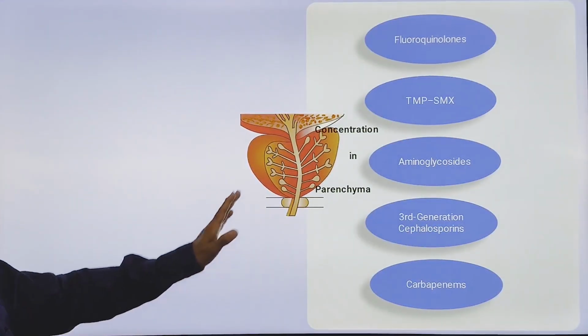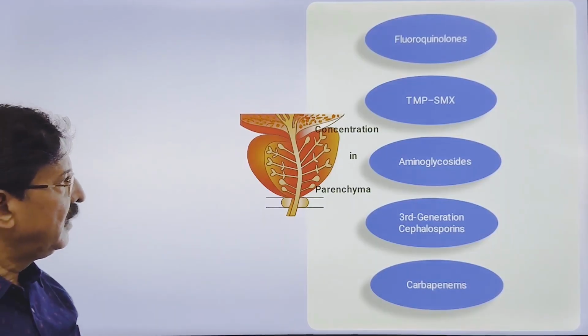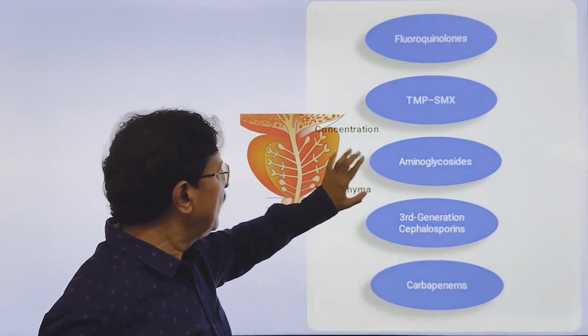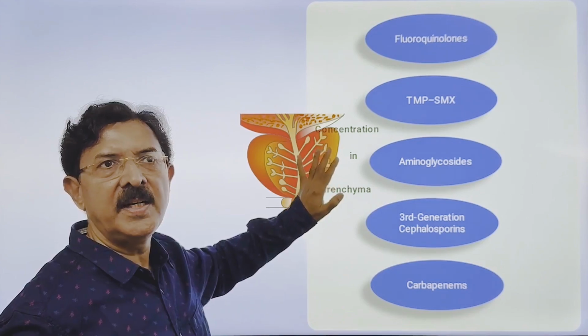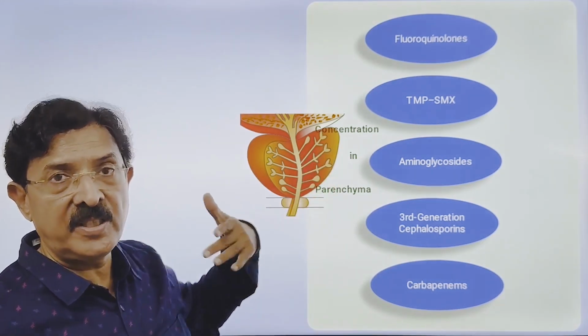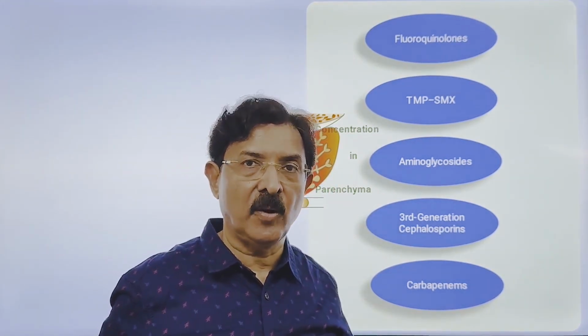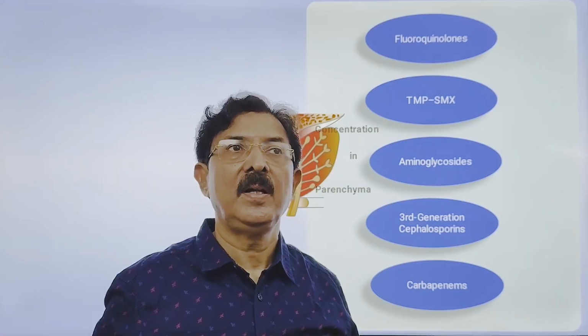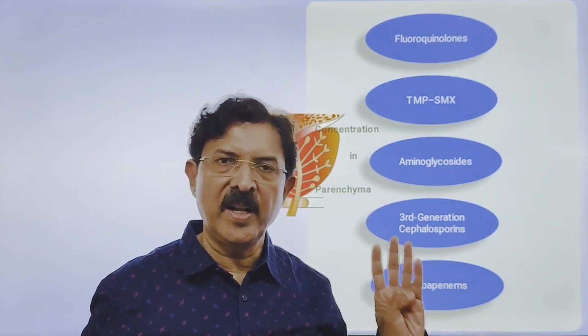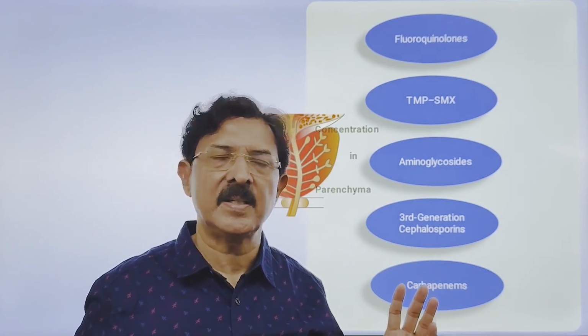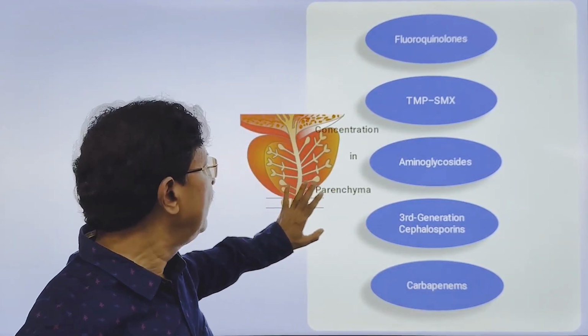If you see these 5 antibiotics again, please remember that this applies to a relatively normal prostate, or a prostate which is not very badly inflamed on account of acute prostatitis or acute abscess, where this barrier is broken, right? In chronic prostatitis, in simple BPH, this barrier is maintained.